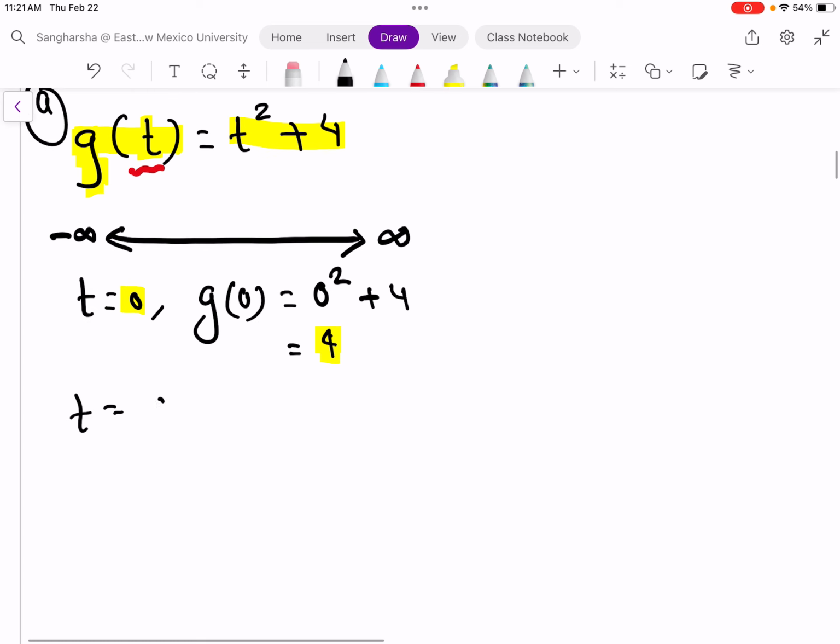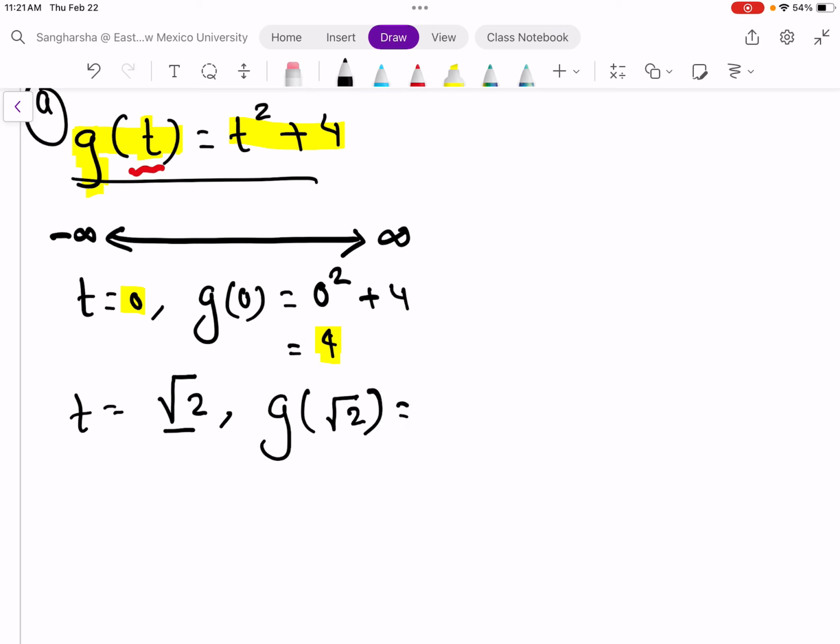We substitute square root of 2 for every t in this function. So g of square root of 2 is equal to square root of 2 square plus 4. So the square and square root cancel, you have 2 plus 4, we get 6. So when your input is square root of 2, we have a real output. It means square root of 2 is also a domain.